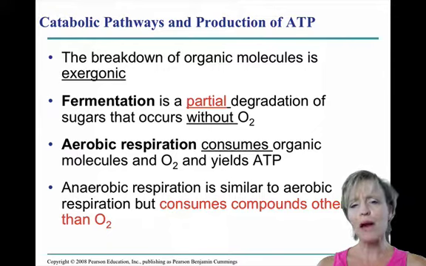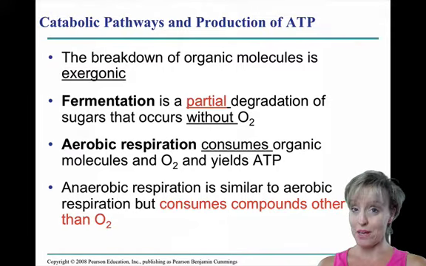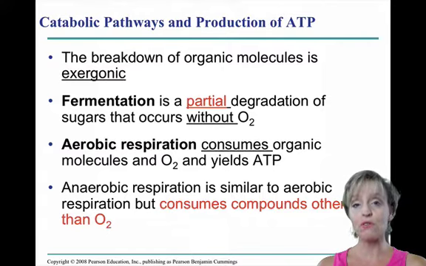Now, in honors biology, we lumped fermentation and anaerobic respiration together into one entity. Actually, they're not the same. Fermentation is a very small partial degradation of your organic molecules, such as glucose, and without the use of oxygen. It only gives you 2 ATPs. Anaerobic respiration, however, goes through glycolysis.